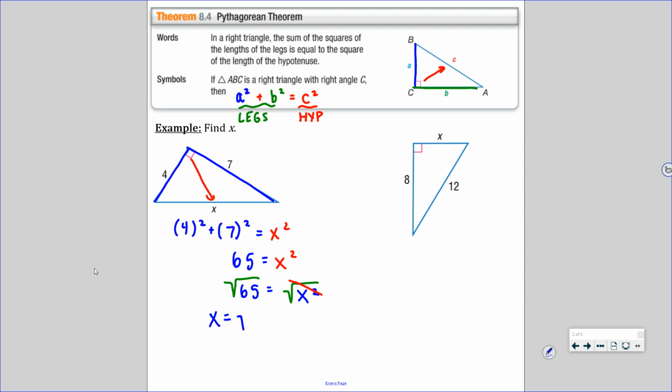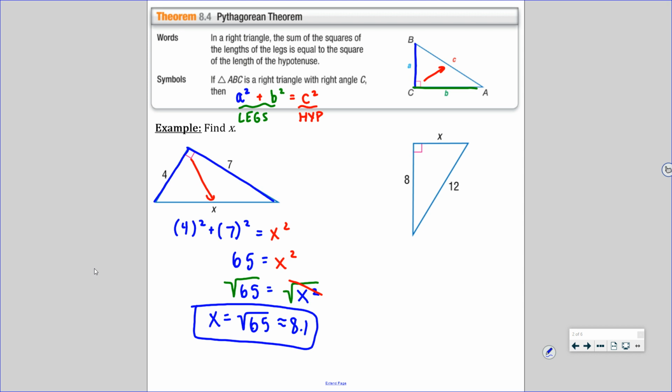So you get x is the square root of 65. That radical can't be simplified. There's no perfect squares from 1 to 65. I feel like some on the homework might ask you to round to the nearest tenth. If they ask you to do that, just go ahead and use your calculator and square root 65. It's like 8.1.